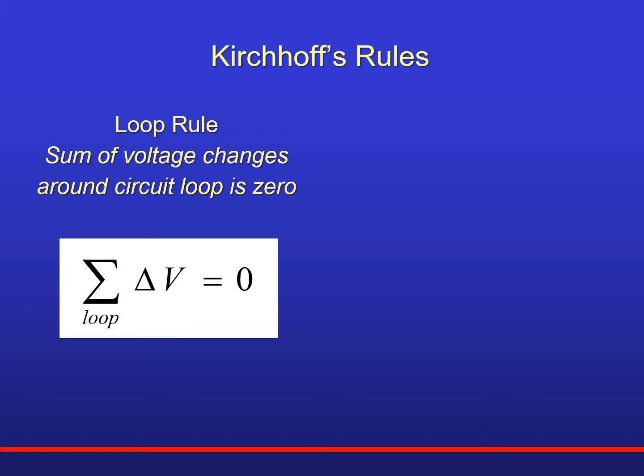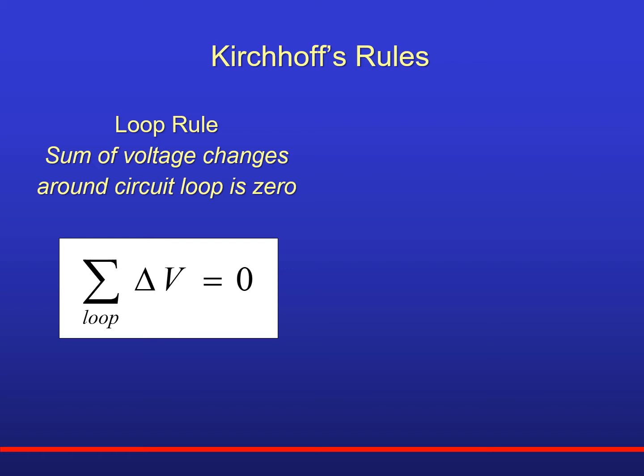And that is that the sum of voltage changes around a circuit loop is 0. I did not say the sum of the voltages around a circuit loop is 0, but the sum of the voltage changes around a circuit loop is 0. And there's a statement of the rule.